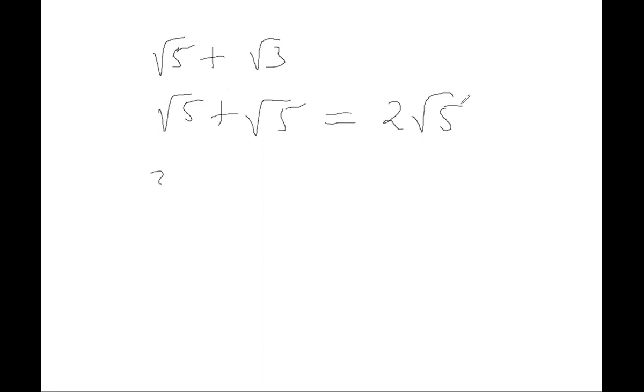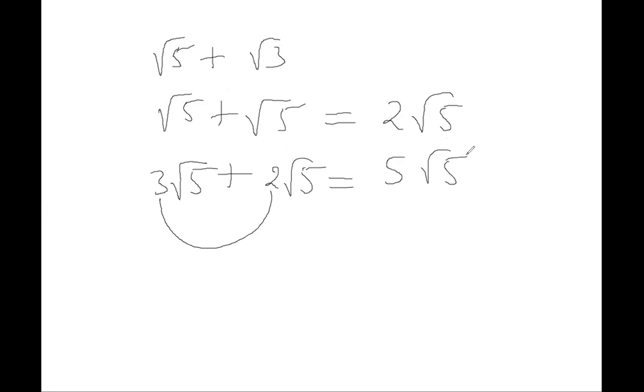Or we can add 3 square root 5 plus 2 square root 5. This will give you 2 plus 3, 5 root 5. You can consider this like 3x plus 2x is equal to 5x.